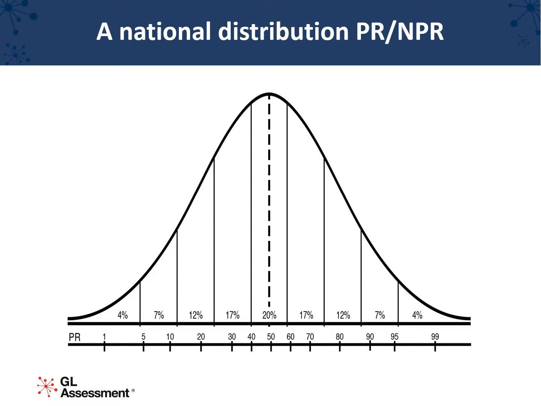PR stands for percentile ranking, sometimes referred to as National Percentile Ranking or NPR, and is a way of showing the results on a scale between 0 and 100. So a student with a percentile ranking of 50 is more positive in attitude than 50% of his peers nationally, but equally is less positive than 50%. This student is average when compared with peers nationally.